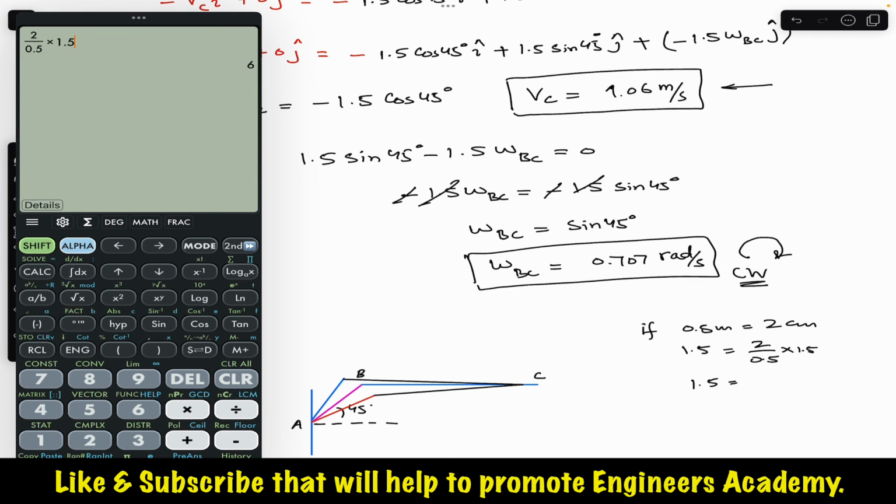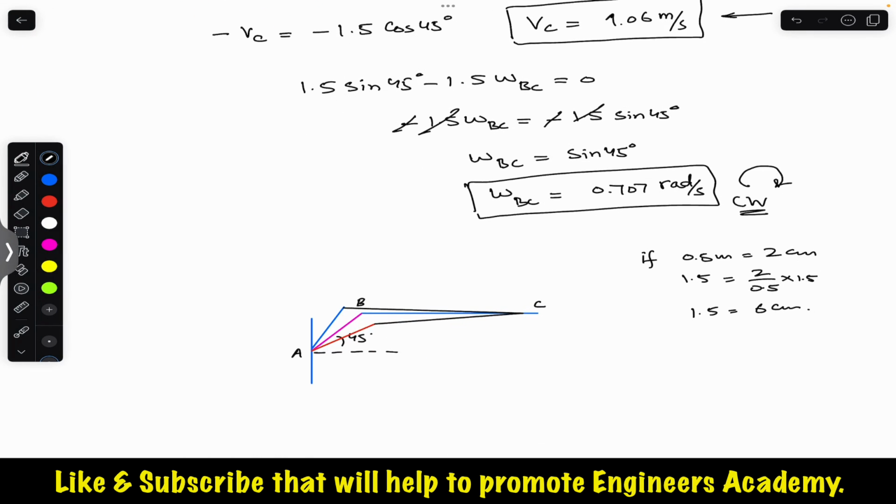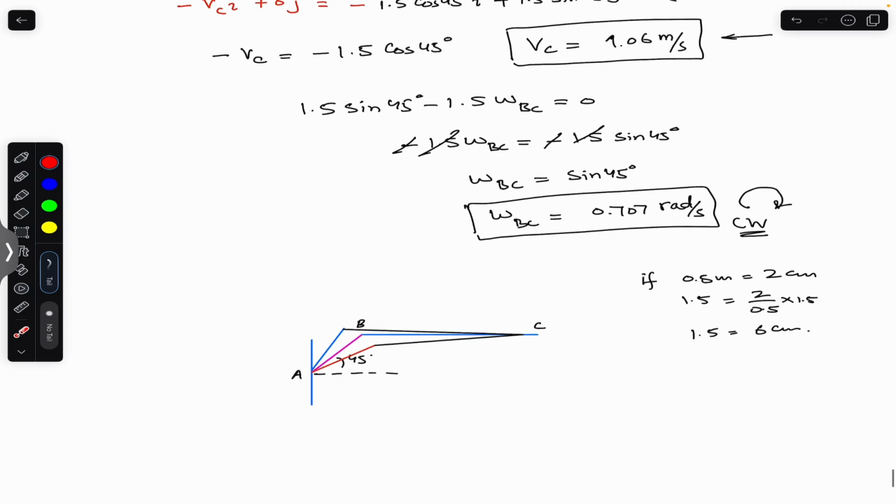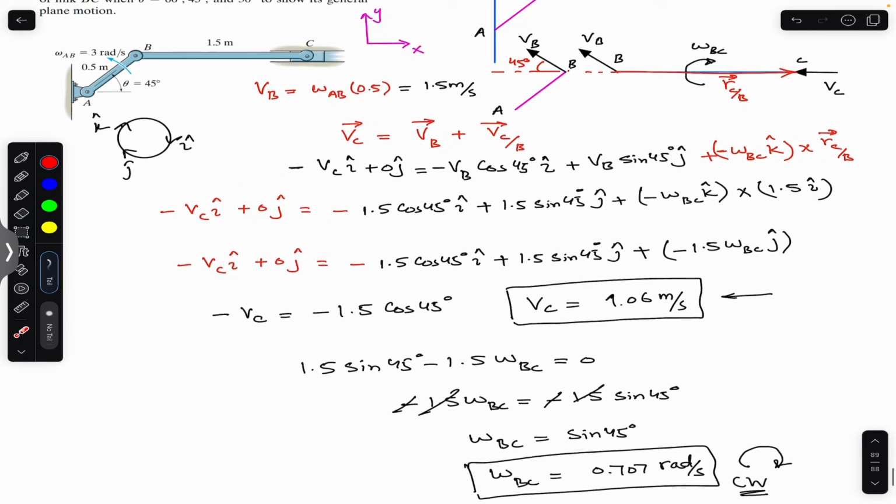Then you need to draw a line from point A of length 2 centimeters that will represent AB. And then from point B, draw an arc of 6 centimeters. Joining that point B with C will give us the exact sketch of the mechanism at these 3 angles. So this is the solution of this particular problem.